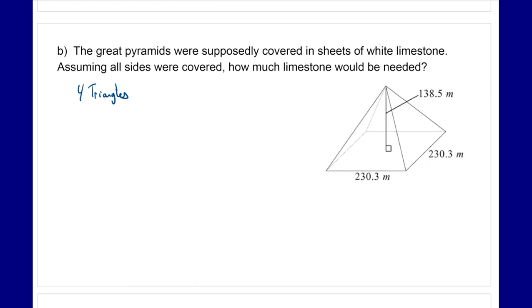So I do need to determine the area. Now, if I was to look at one of these triangles, for the faces, I know the base, 230.3, but I don't know what the height is. I do have enough information to find it though. And you have to kind of think of the pyramid in 3 dimensions. Let's imagine we slice it right down the middle.